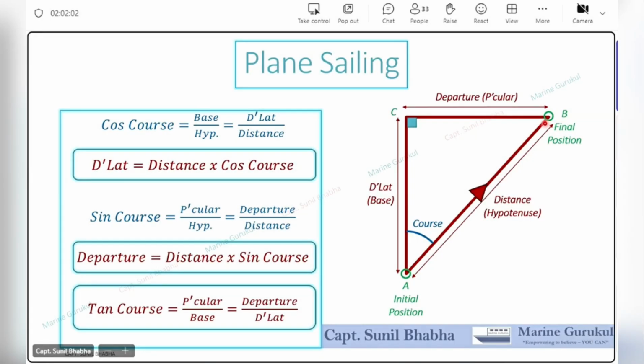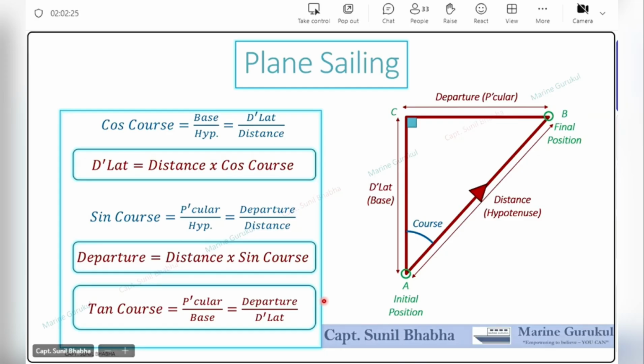And second type of problem, if we are given a particular position, latitude and longitude, and a particular course and a particular distance, we can easily calculate the final position using these formulas.